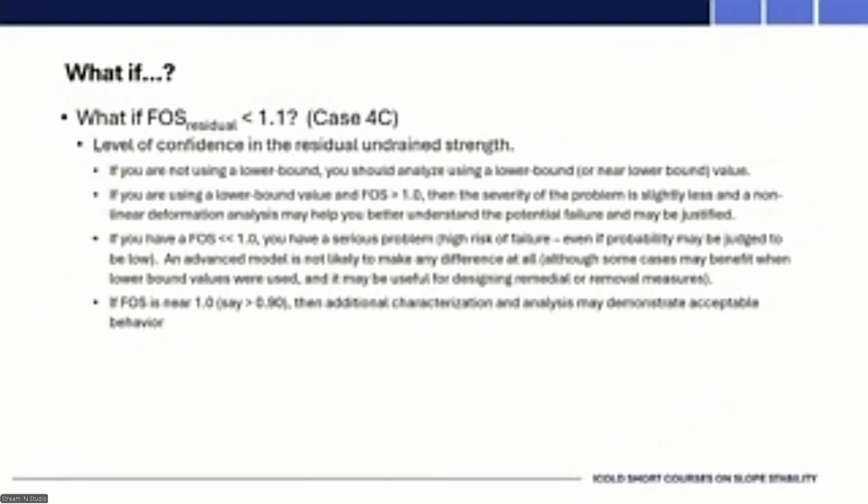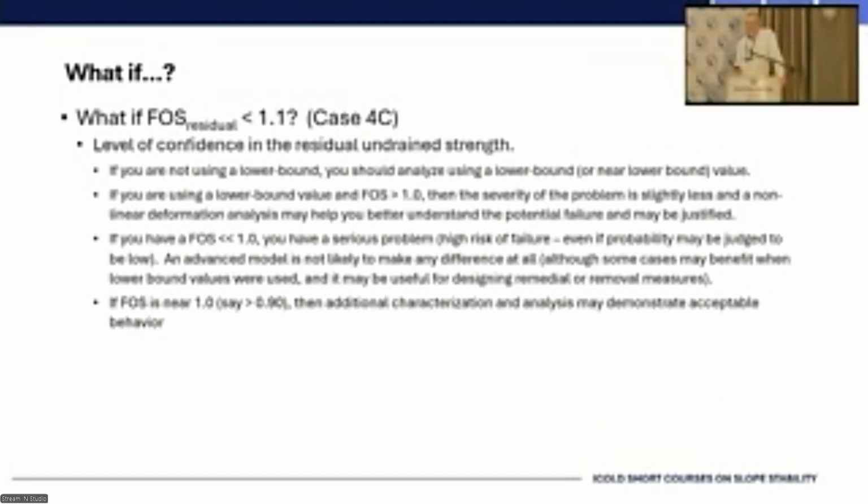But what if, using whichever value, 10th, 5th, 20th, 30th, whatever, we're in case 4C, where we have a factor of safety that's less than 1? What would we do? First of all, what level of confidence do we have in our residual strength characterization?